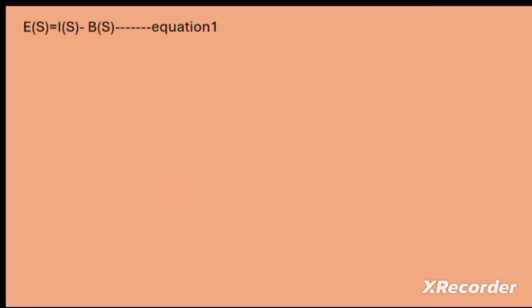E of S is equal to I of S minus B of S. As I told you before, our error will be equal to input signal minus B of S, whereas B of S is equal to Y of S, which we have just discussed earlier.